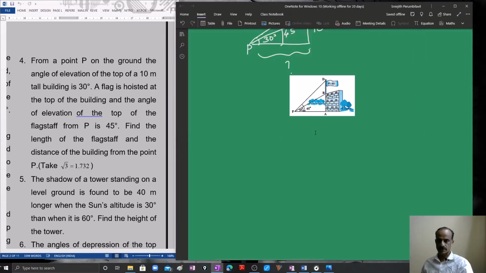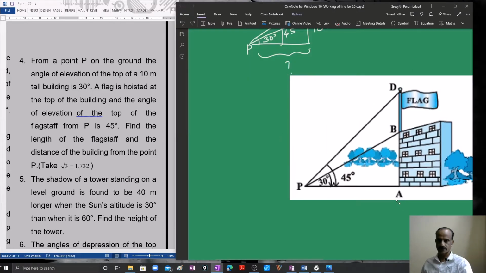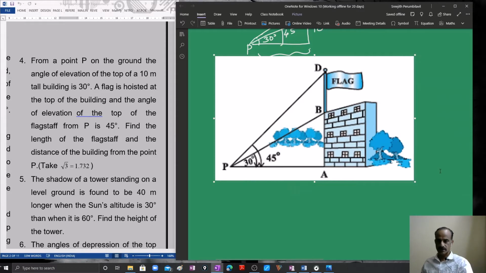So this is the situation. Let's look at this picture. There's a point P on the ground. The angle of elevation of the top of the 10-meter building is 30 degrees, and that of the top of the flagstaff is 45 degrees. The height of the building is 10 meters.